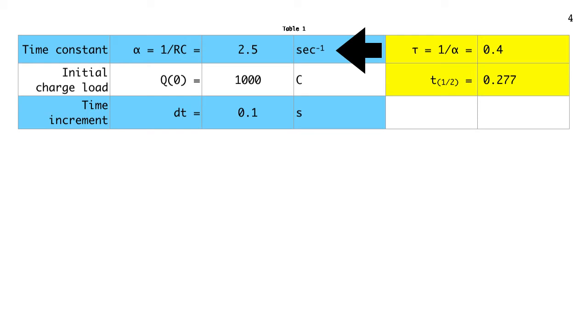And so I said, all right, let's choose for this spreadsheet a nice round number. So I just said, all right, let's do 2.5. And I said, all right, let's put a nice charge load onto the capacitor for discharge. So, okay, 1,000 coulombs of charge. Nice.